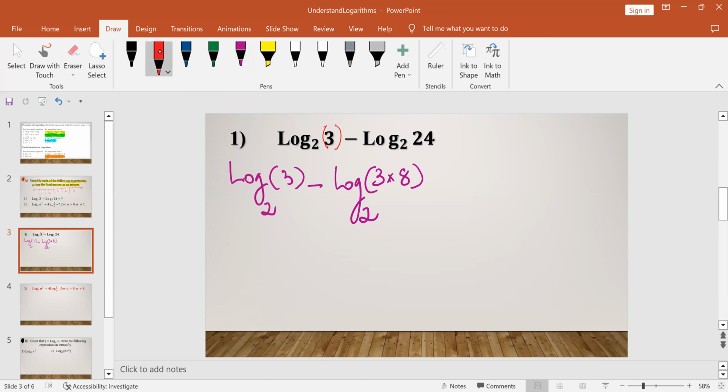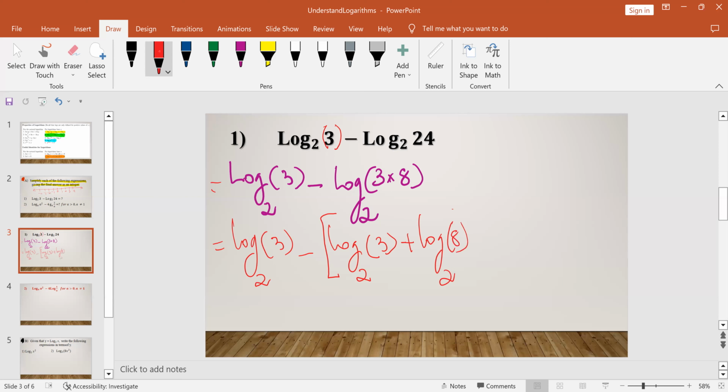Now this is the same as logarithm of 3 with base 2 minus, in square brackets, logarithm base 2 of 3 plus logarithm of 8 with base 2.